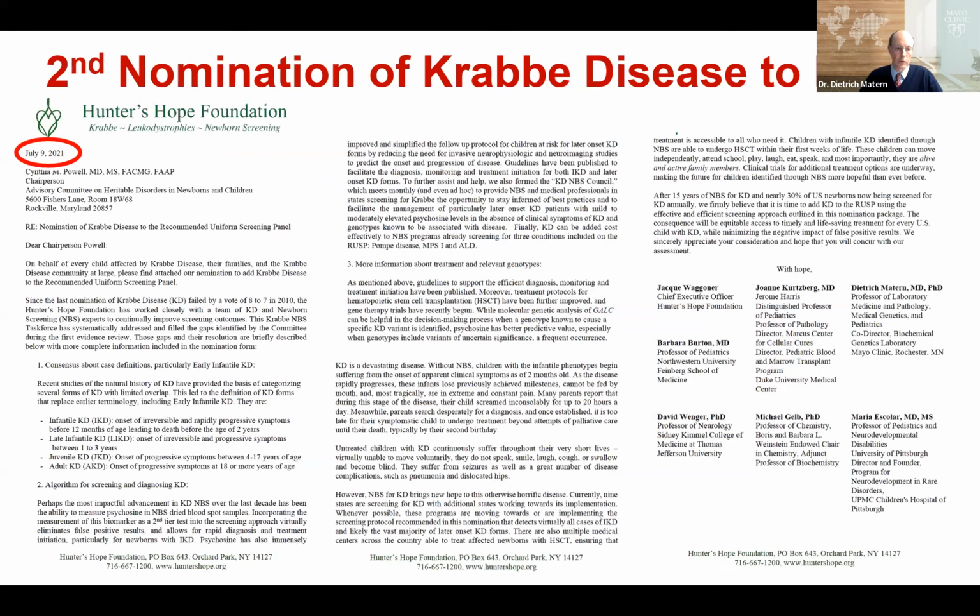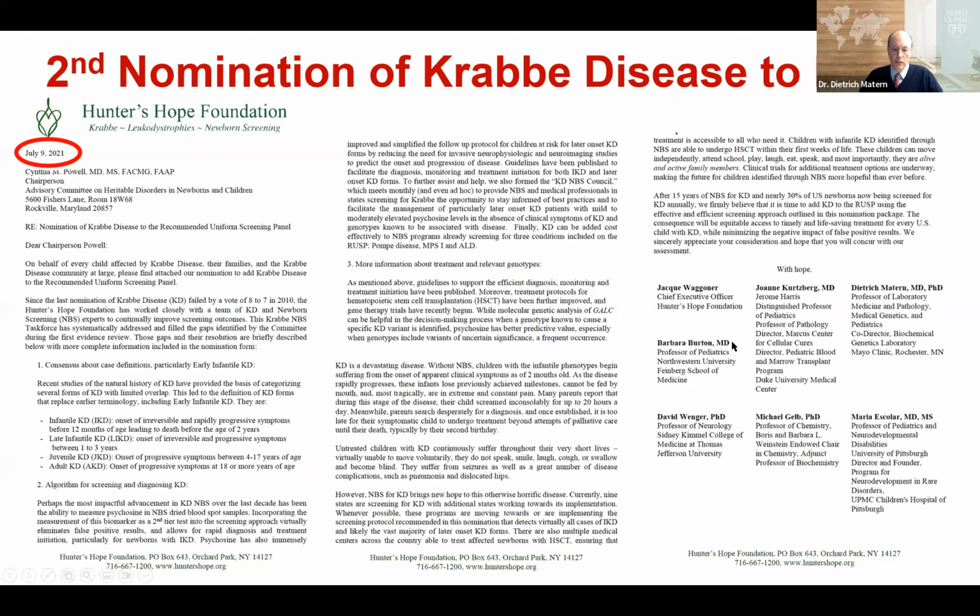In 2021, so almost 2 years ago, another nomination was made to the advisory committee on the federal level to add Krabbe disease to the recommended uniform screening panel, or RUSP. And you can see that Dr. Kurtzberg and I were co-signatories on this, along with others.